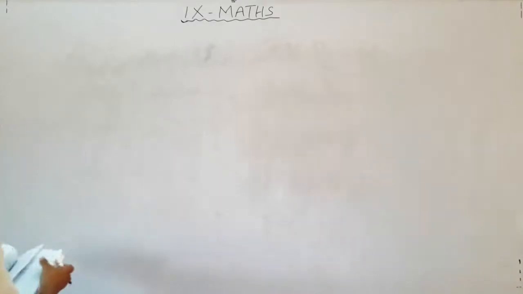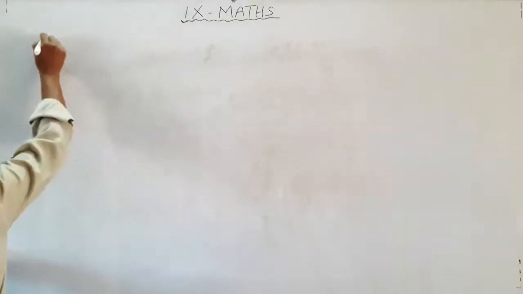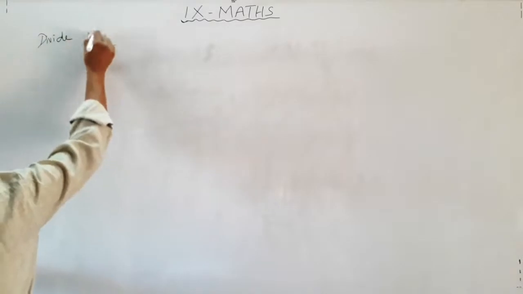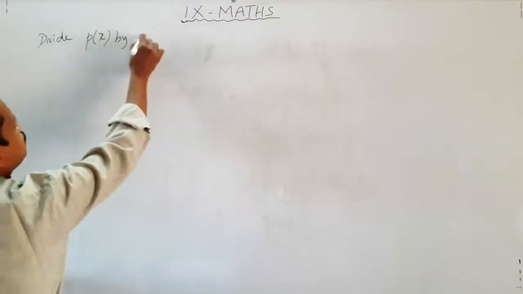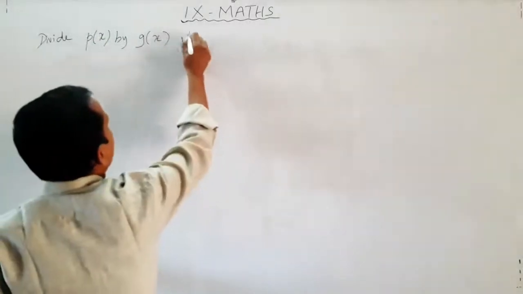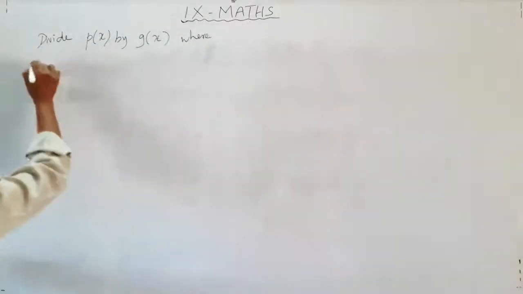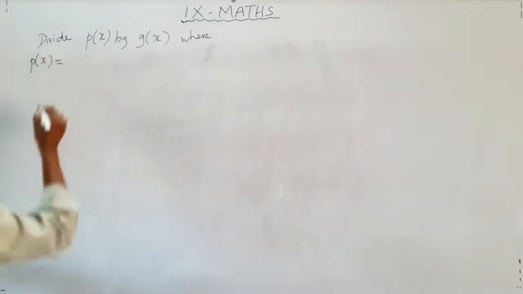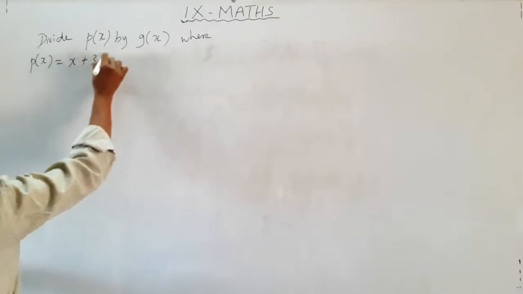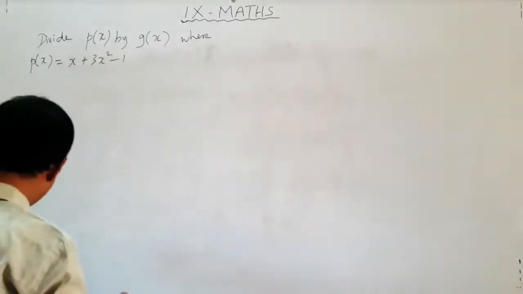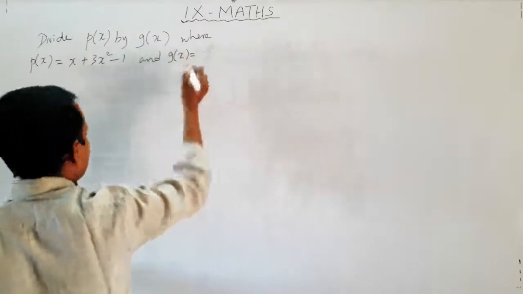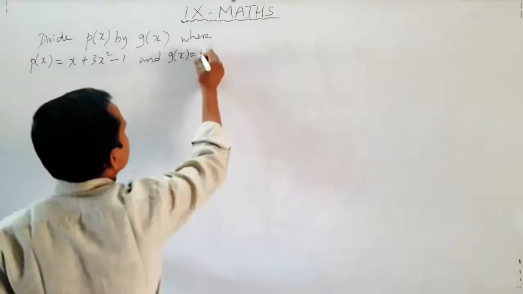So dividing a polynomial by another polynomial. Divide p of x by g of x, where p of x is equal to x plus 3x square minus 1, and g of x is equal to 1 plus x.